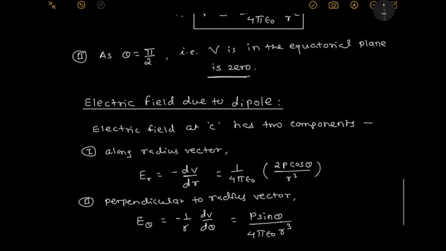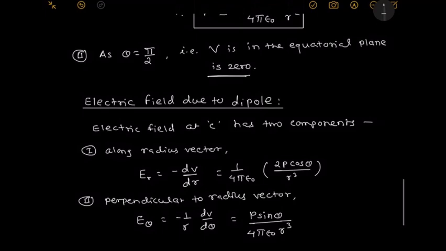The second component is perpendicular to the radius vector, that is E theta, since this makes some angle. It equals minus 1 by r into dV by d theta. Again differentiate V with respect to theta, and it simplifies to p sin theta divided by 4 pi epsilon 0 into r cube.